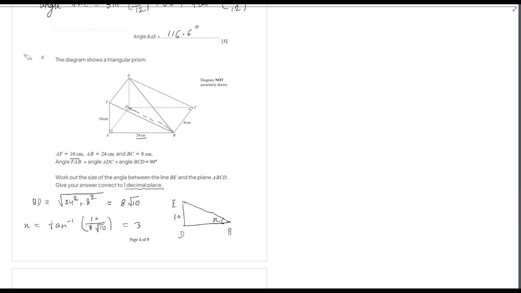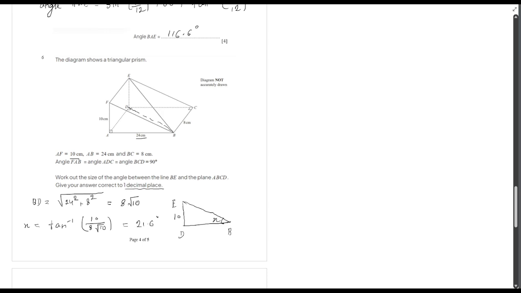So this answer is 21.6 degrees. Right? It is also possible that you find this BE length and then you can use a sine, cos or tan, any of the ratios.